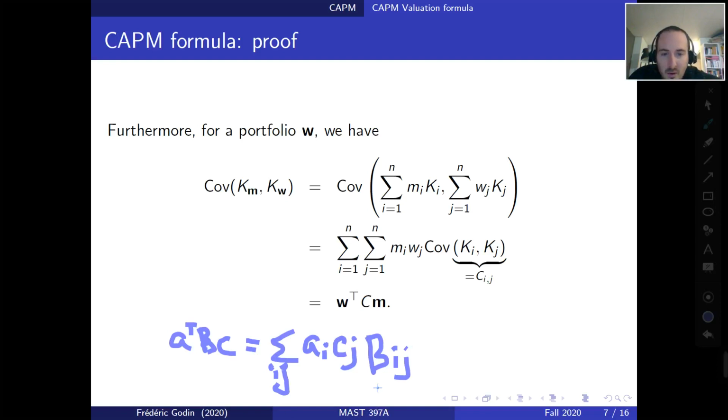If you apply this formula to this equation here, you can replace the B_ij's by the covariances C_ij, and replace the A's and the C's by the m's and the w's, so we have the following quadratic form. This is W transpose C times M.